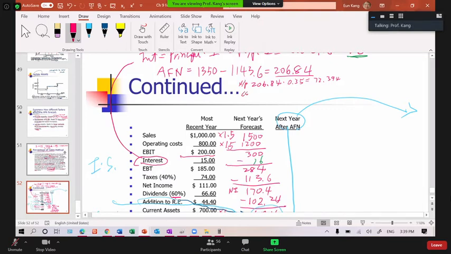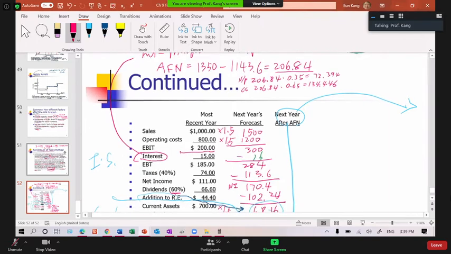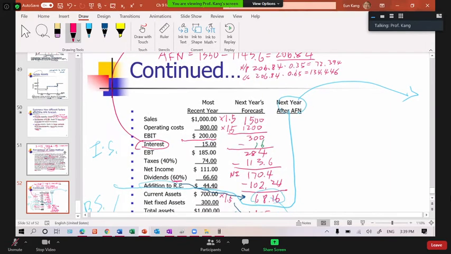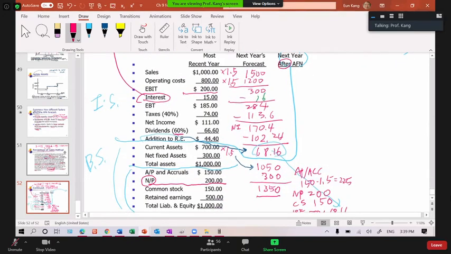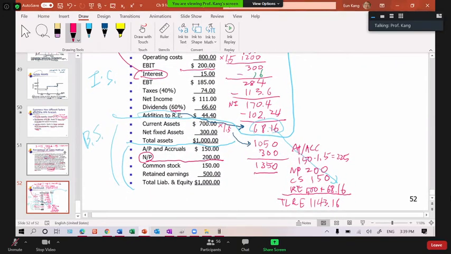And common stock, 206.84 times 0.65, then you will have 134.446, right? So it's like this. So next year after AFN, all you have to do is now the left-hand side, the asset side is the same, right?